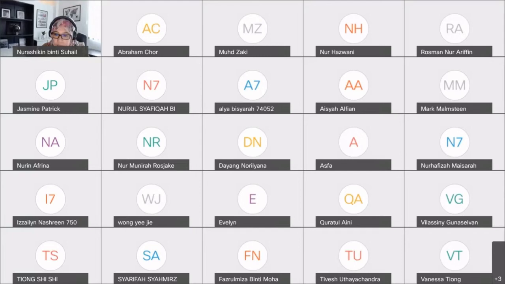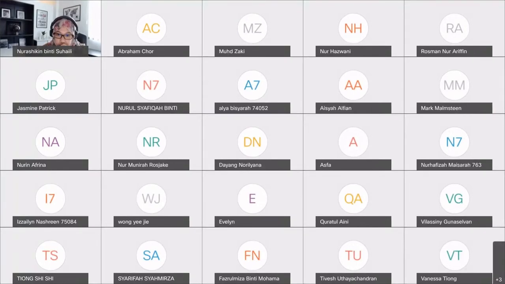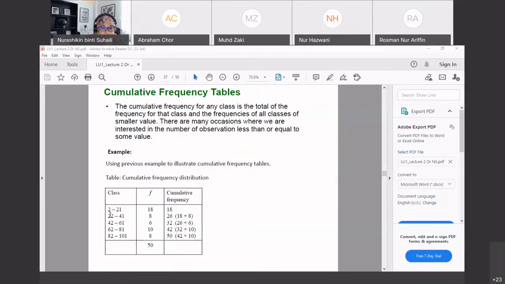Like this one. If you see the classes here, from 2 to 21, 22 to 41, the category is based on this class and the frequency is 18.